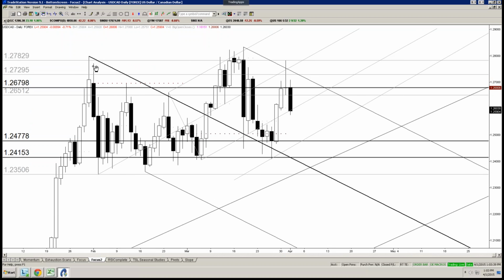Look, there's just no way to know. From an Elliott wave standpoint, this could have been a triangle right here, basically throughout all of February, and then March this could have been a terminal thrust.